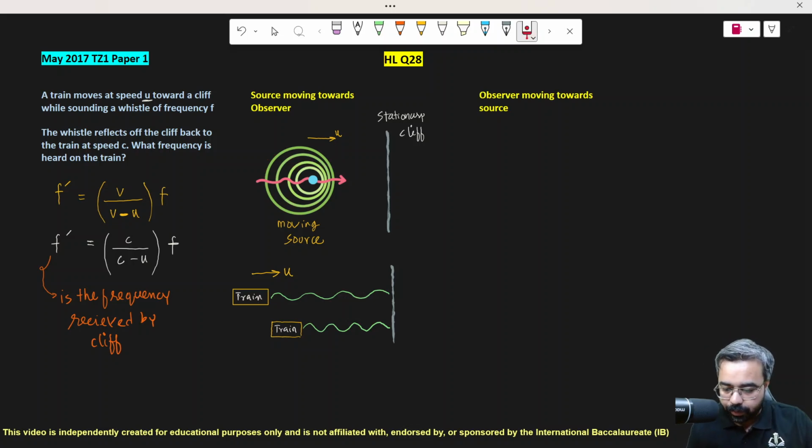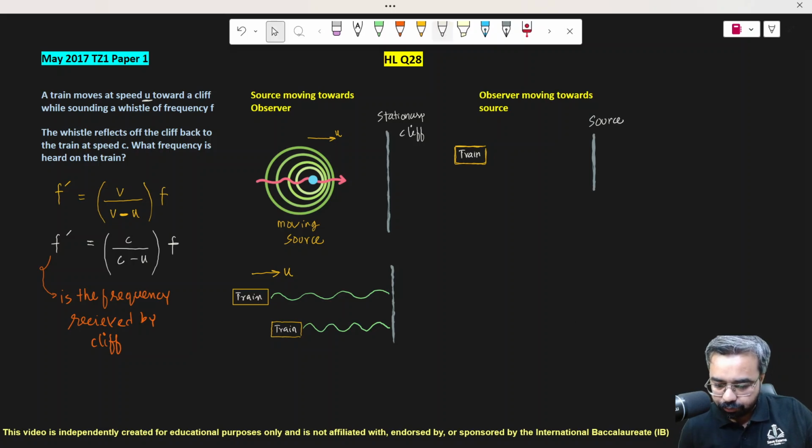Anyways, now in this second scenario, when the source becomes the observer, I mean to say the train is now receiving a sound. The cliff is the source now, because it is reflecting the sound wave. Because sound is a wave, it is reflected with the same speed according to the question.